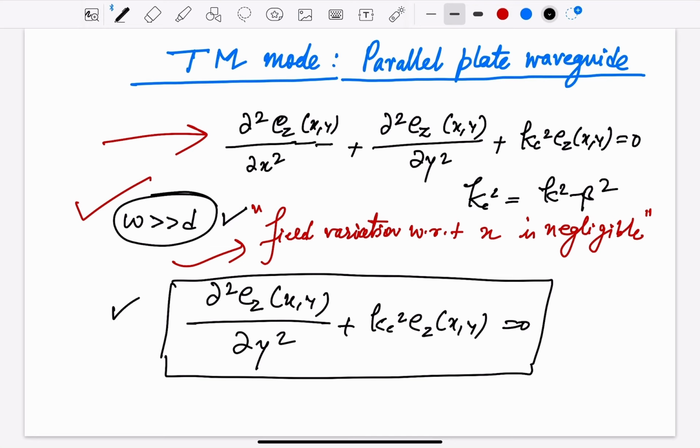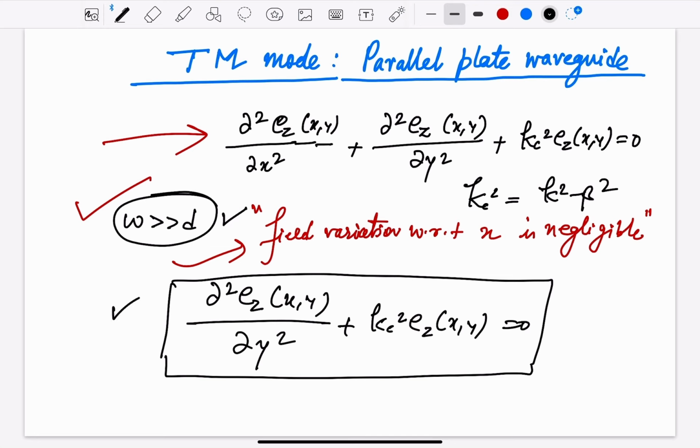Fine. So let us write down here the waveguide phase velocity. We can define these things as omega by beta.